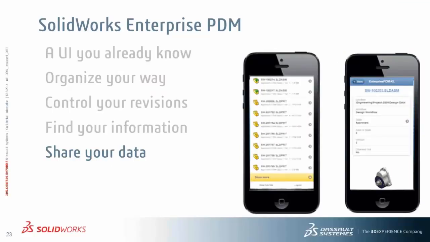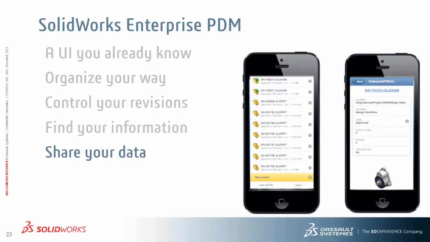Now, one of the latest additions to Enterprise PDM is a mobile-enabled web interface. Imagine on your iPad or your Android phone or your iPhone, being able to go on the web and log into Enterprise PDM, get email notifications, approve files.